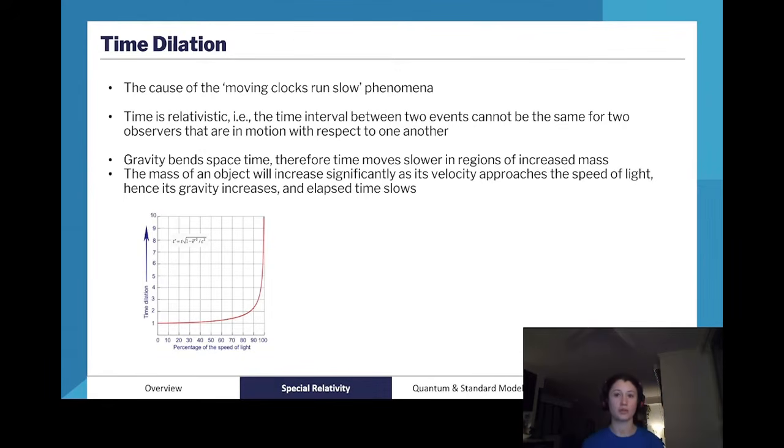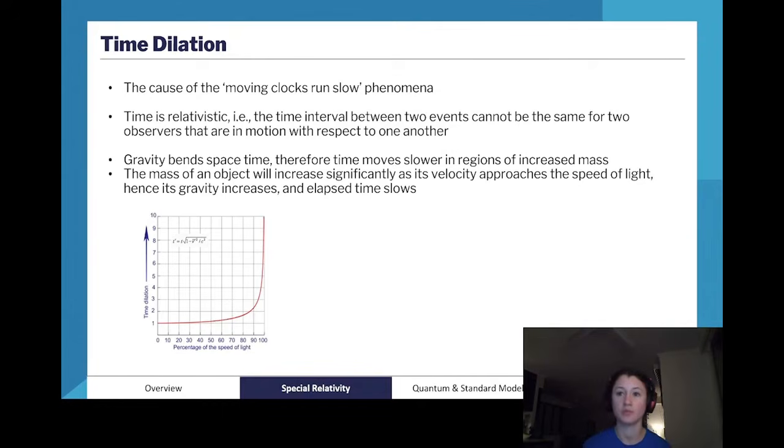Another way to think about this is as a consequence of Einstein's second postulate. So, thinking about the speed of light always being constant for an inertial observer in a vacuum, right?